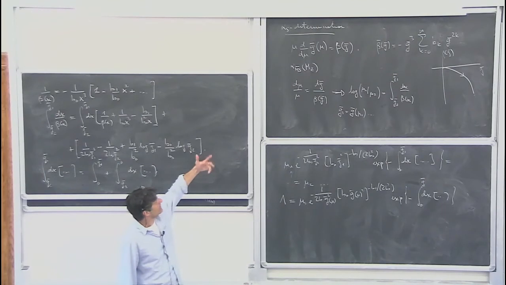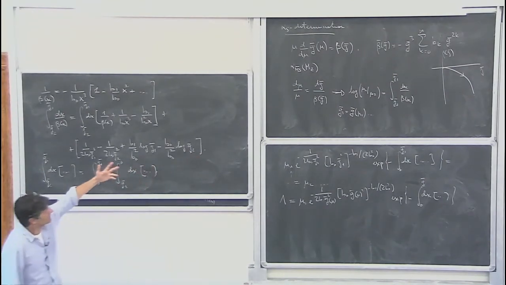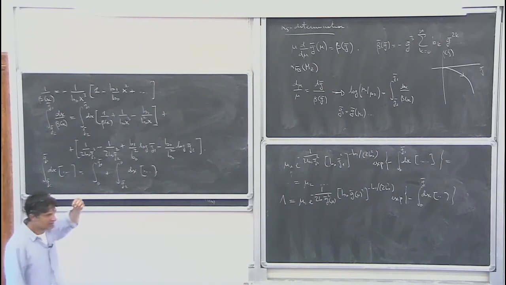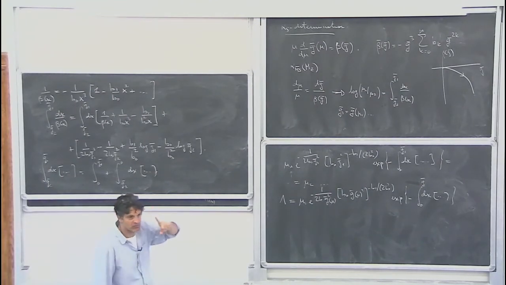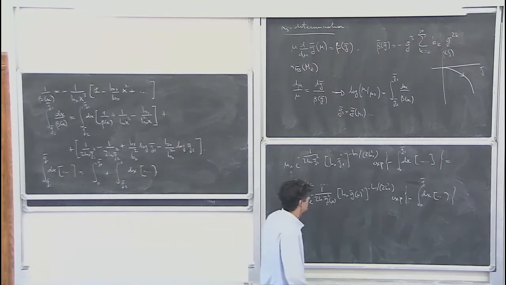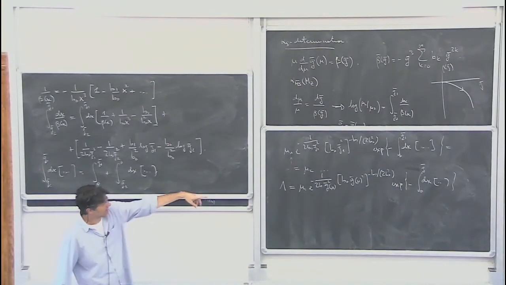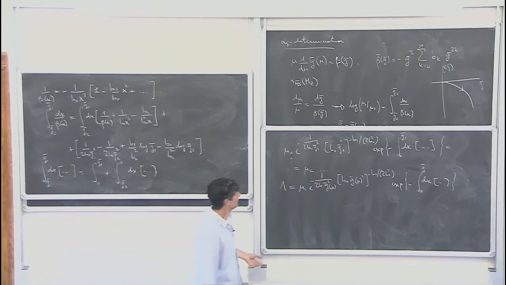So, yeah, the jargon is that you want to determine alpha MS-bar at mZ, but really what you need is one scale, this lambda parameter. Remember, the lambda parameter is defined from the beta function.